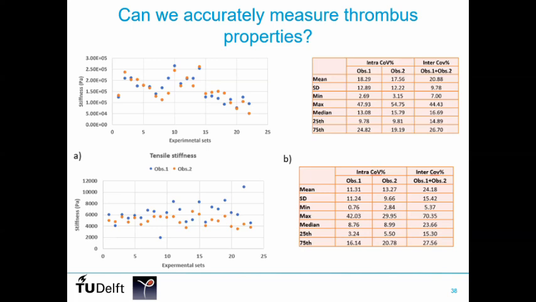And let me point out this number here, the median intra-specimen variation. So what one technician measures between the two samples that technician made is roughly 13% for the compression testing. And if you look at the inter-observer covariance, it's 17%.